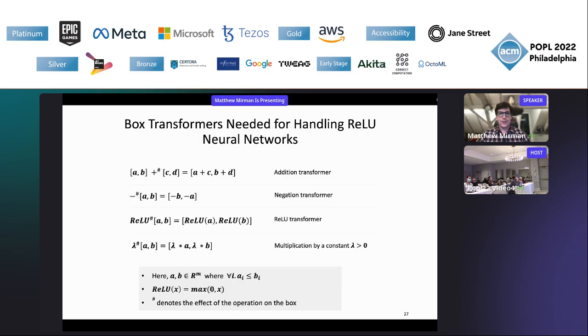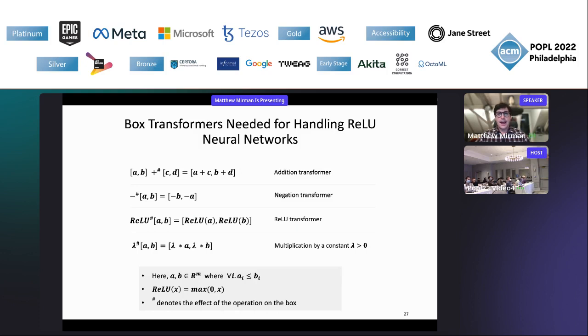So to create transformers for the box domain, we're essentially applying interval arithmetic to each of the lowest level operations in a neural network. While a neural network contains batch matrix multiply, affine operations, and ReLUs on many neurons at the same time, we can analyze and define our transformers in terms of these very primitive operations, which is easy to analyze theoretically and fairly easy to implement.